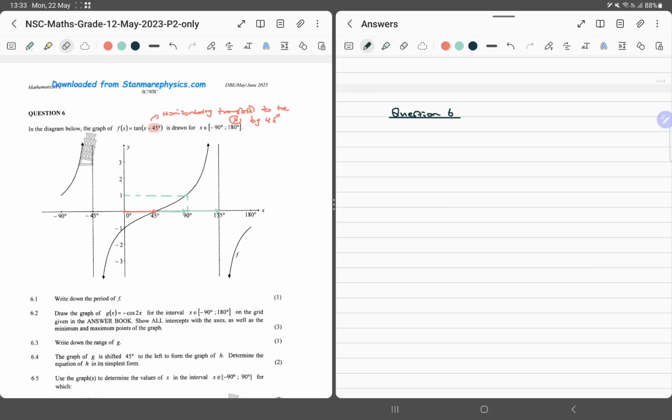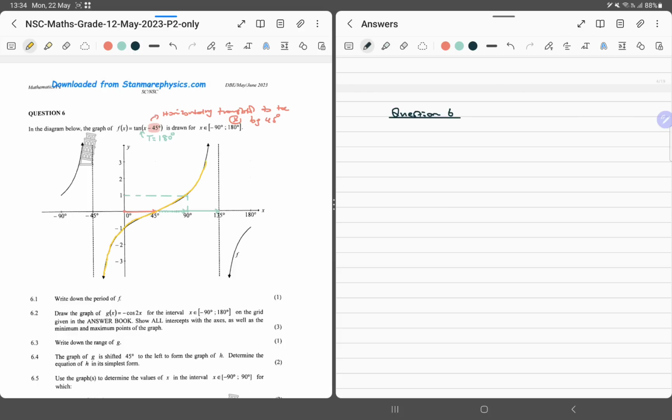Of course, what is the period? The period is usually related to the coefficient of x. So we can see that the period is going to be the standard 180 degrees because there is no multiple before the x. And you can see here, this is a full turn wave or graph, whatever you want to call it.